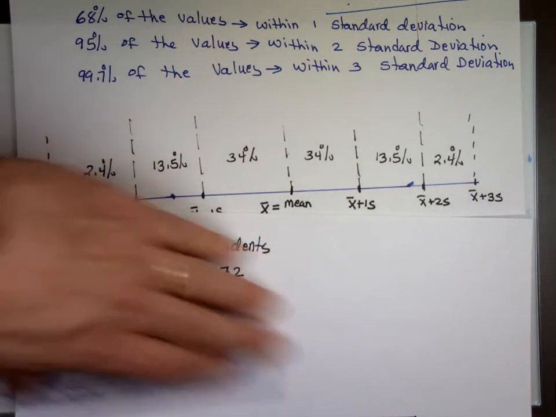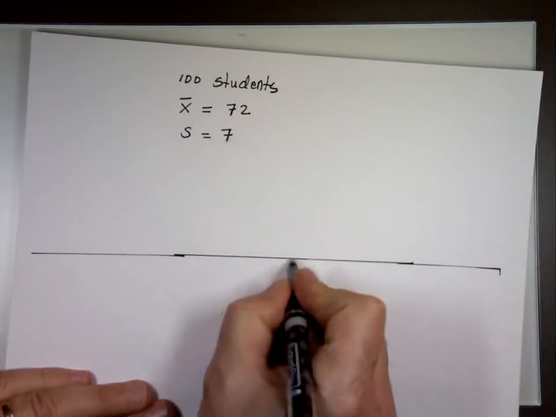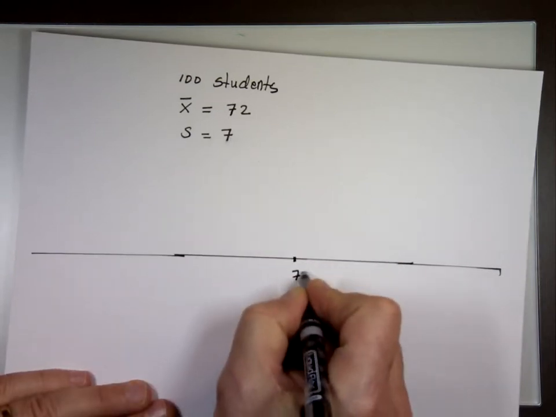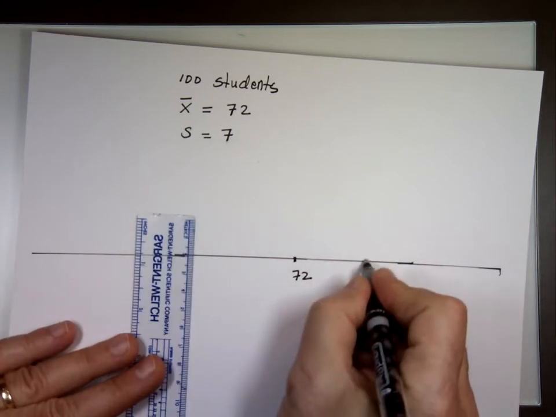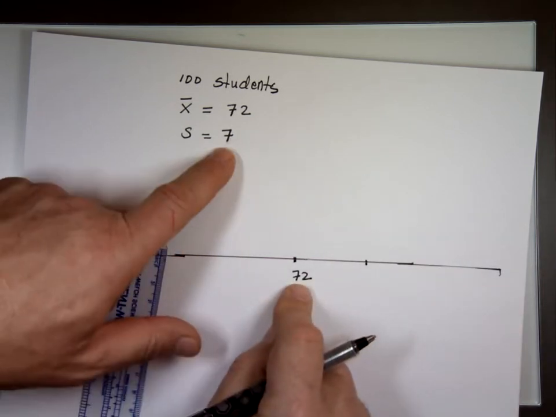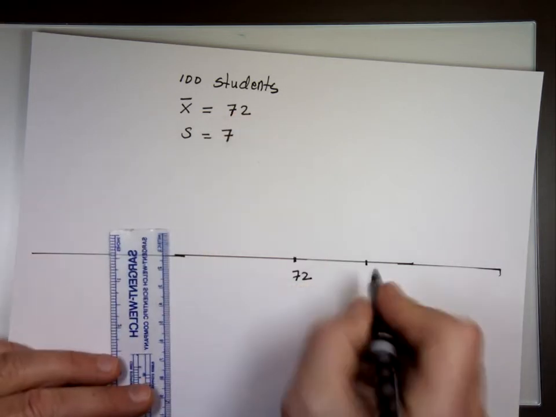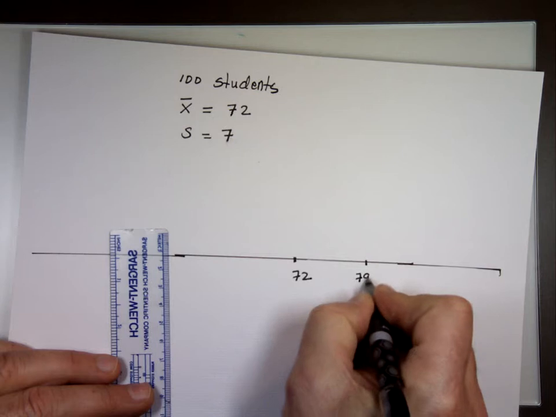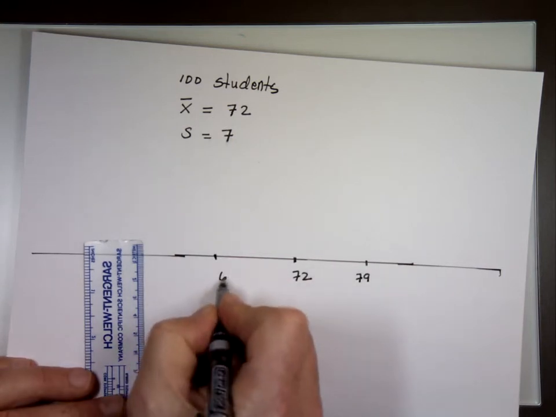Picture-wise, here's what it means. This is the class average. That's a 72. 68% of the people are within 1 standard deviation. Let's add 1 standard deviation to 72. What's 72 plus 7? 79. What's 72 minus 7? 65, right?